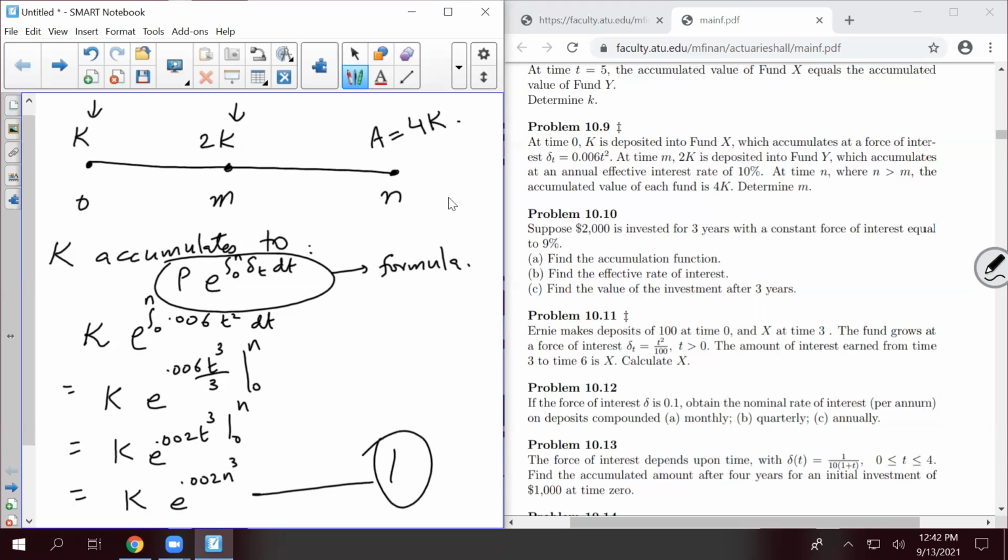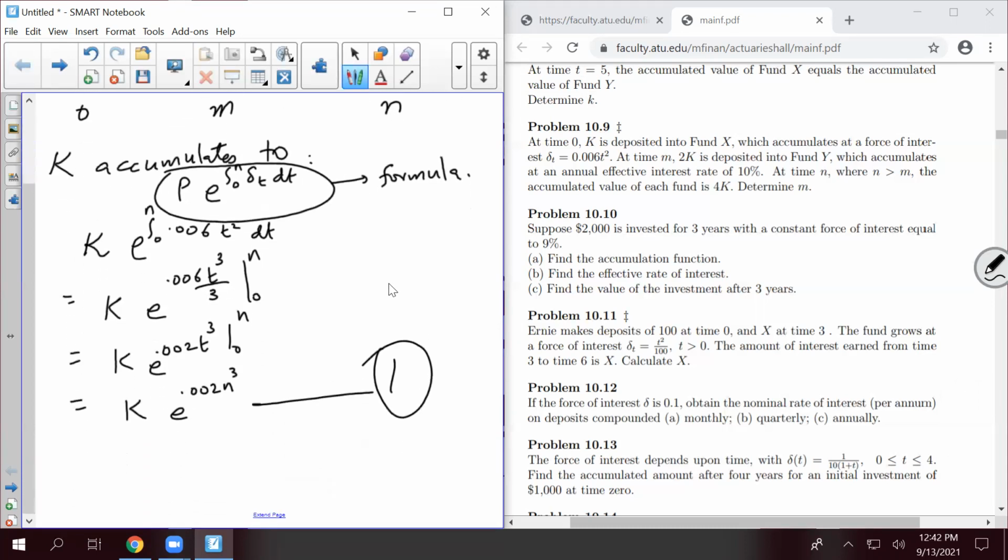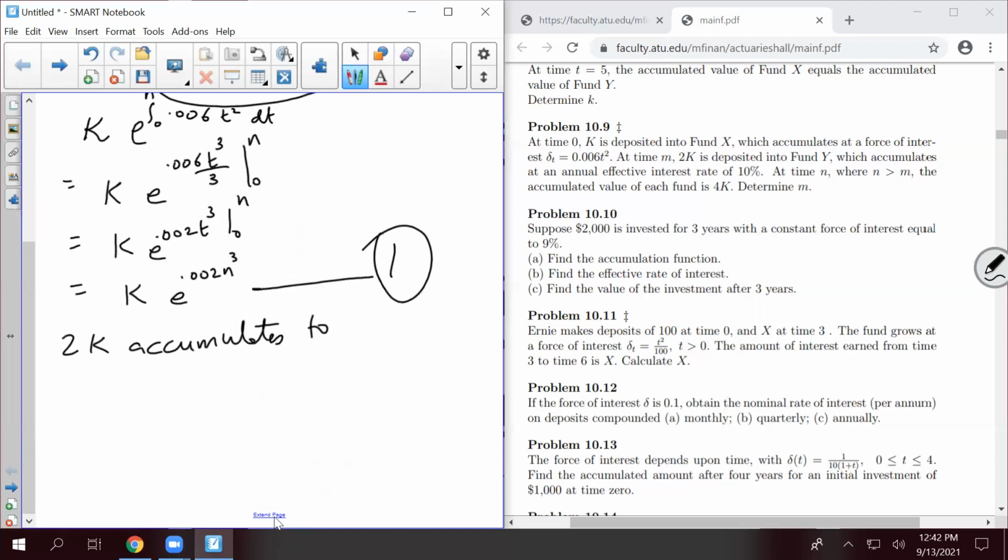N minus M. N minus M. So the 2K accumulates to... this one is undergoing just a normal annual effective interest rate of 10%, which is compound interest. By default everything is compound interest unless mentioned otherwise.